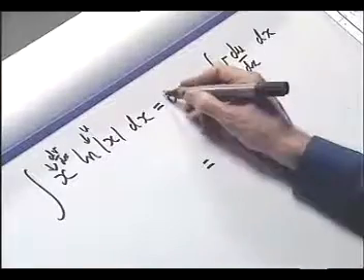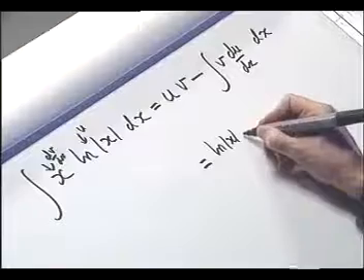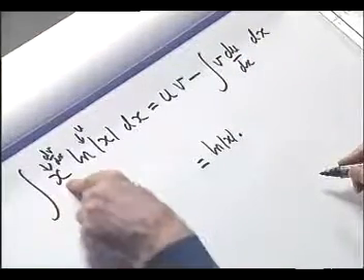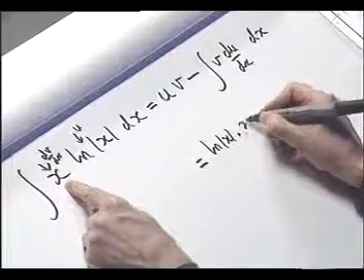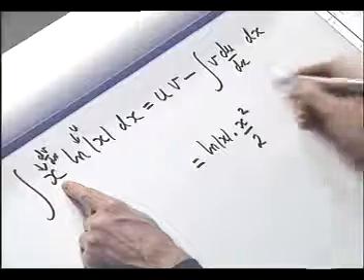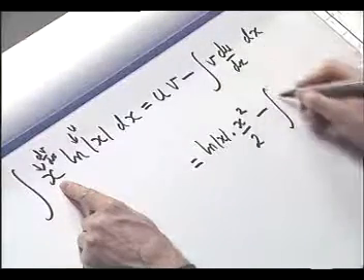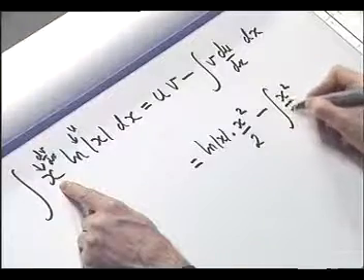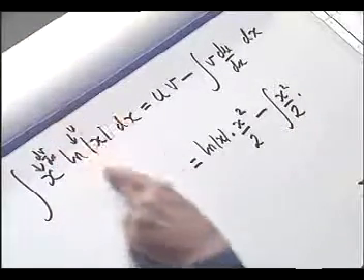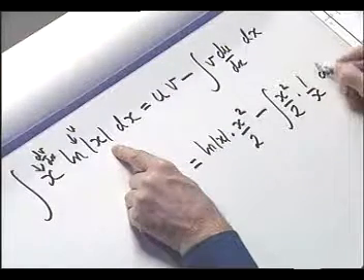So, u, that's just log of x, times v. We have to integrate x. Well, we can do that, that's straightforward, x squared over 2. Minus the integral of v again, x squared over 2, times the derivative of this, which we can do. It's 1 over x dx.